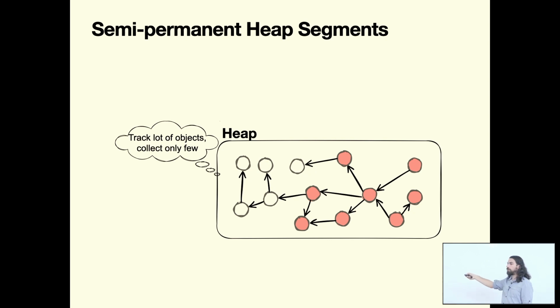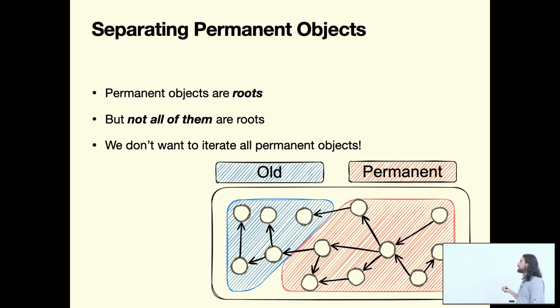So when we run the full GC, we still have to traverse this entire thing. So these things we are traversing a lot for nothing. How can we reuse that knowledge? The first idea here is to separate these permanent objects from the old objects, the normal old objects.